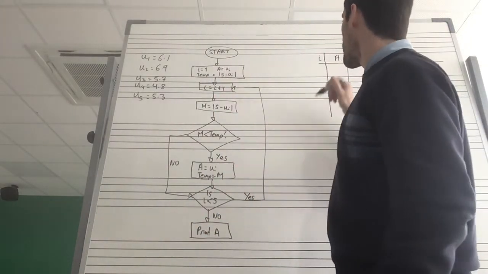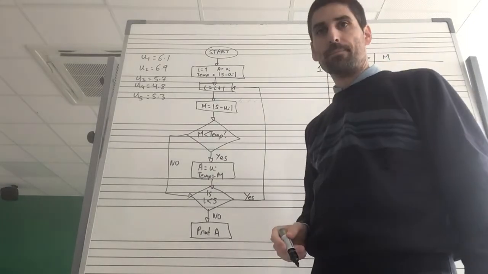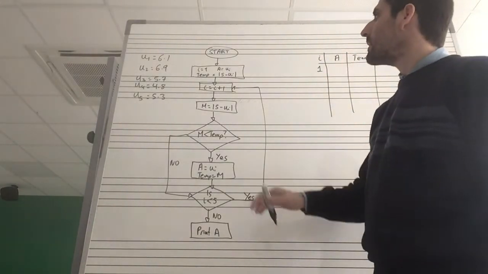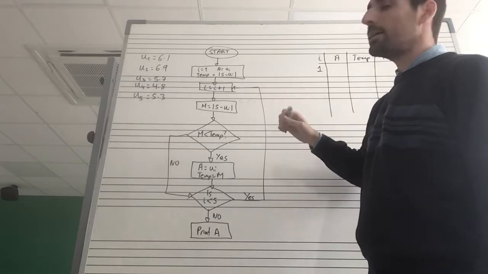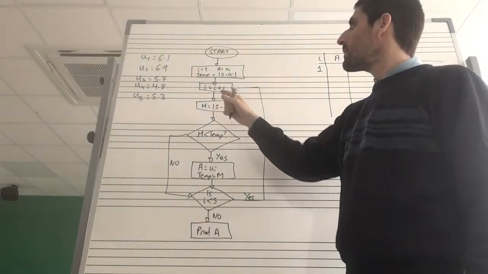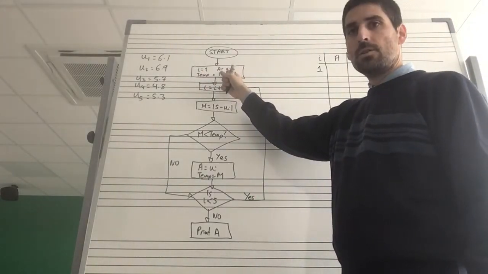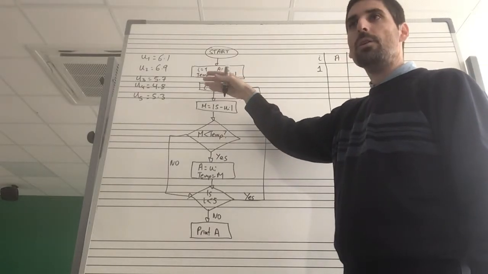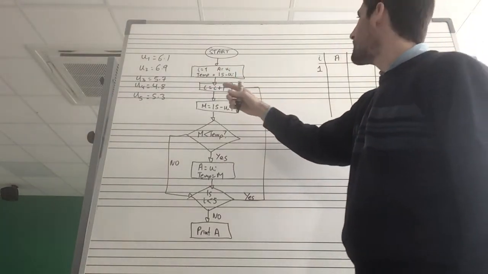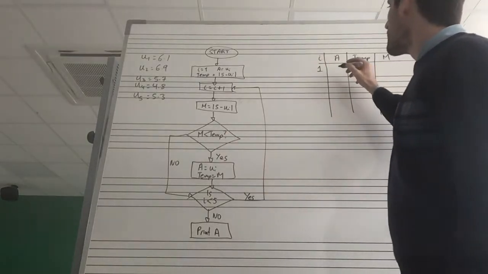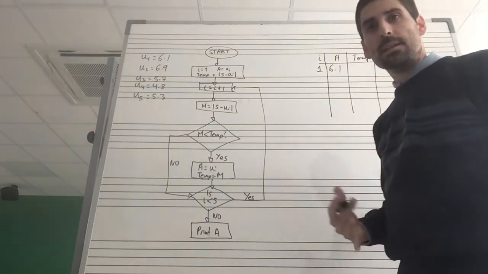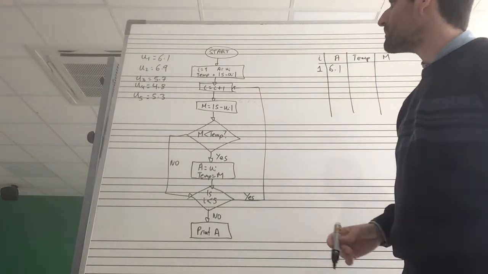So I equals 1, right to there. A equals ui. Well, what's ui? Well, I is 1, so ui must mean u1, and u1 is 6.1. So A is 6.1, just write it in the table.